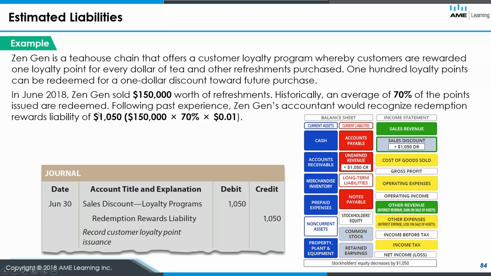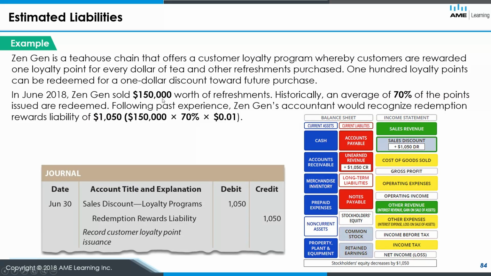And so when we want to set up a liability to reflect the fact that the customers are going to use these points in the future, we're going to take those total sales amount times our estimated usage percent, that we figure out from looking at historical averages. And we say each one of those is worth 1 cent, essentially.